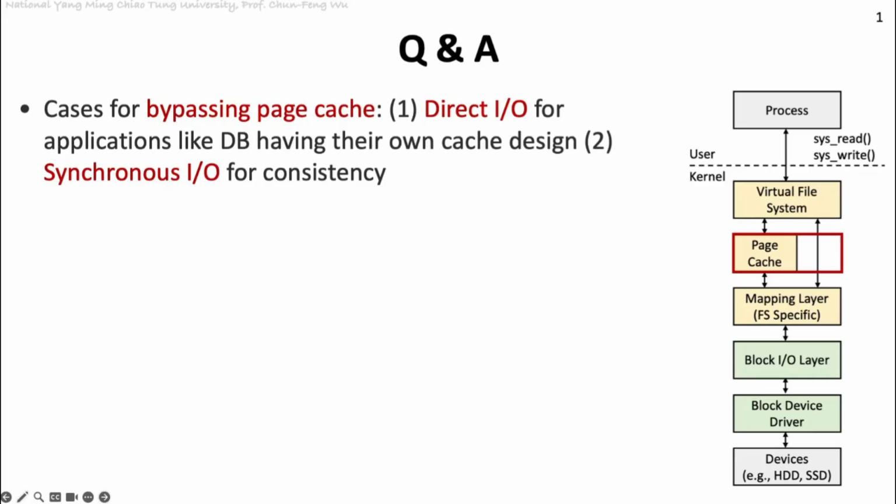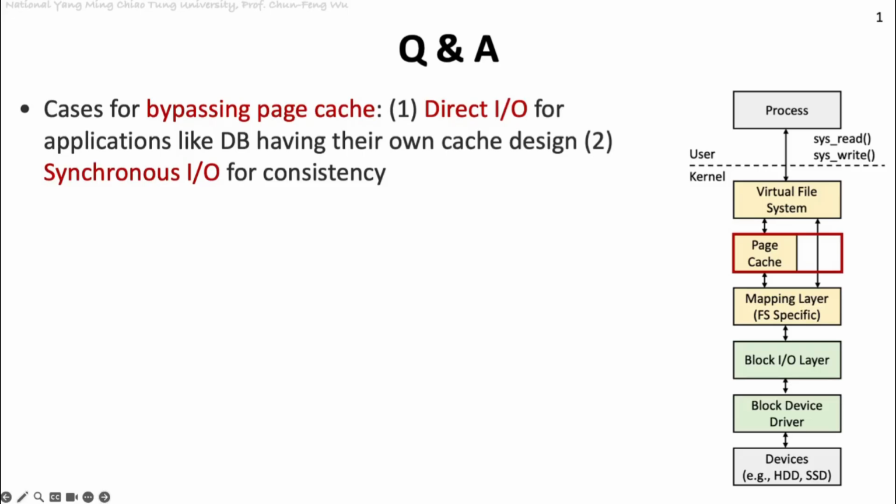And the second one is synchronous IO. The idea behind synchronous IO is the consistency issue. If we use a page cache, and in some cases, for example a power shortage or an operating system crash, there is a low probability that the data doesn't really sync with the storage device, because if you write data with a page cache, the write operation will first modify the data in the page cache, but will not directly modify the data in the storage device at that moment.